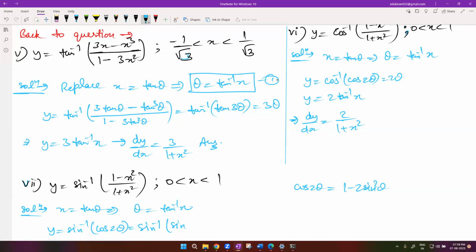So what I'm doing is writing cos 2 theta as sine of pi by 2 minus 2 theta. You know that cos theta is equals to sine 90 minus theta. That is what I have done here. Now I can write this as pi by 2 minus 2 theta.